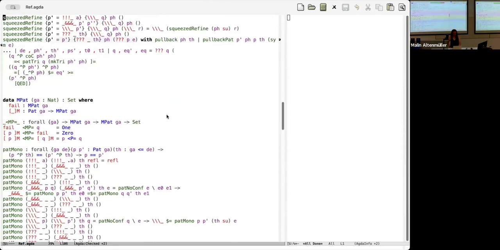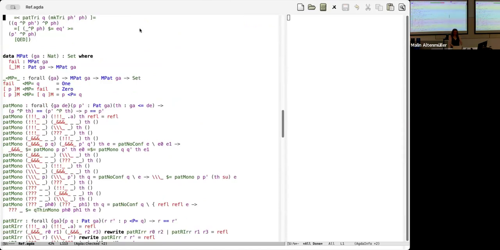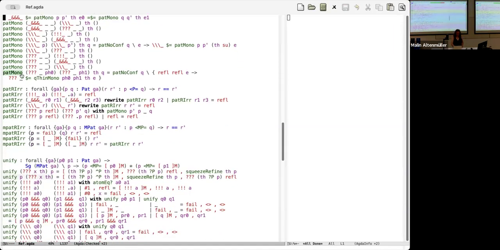pullbacks exist. So what I do here is I add a pattern called fail. I say a maybe pattern is either a thing called fail, which doesn't match anything, or it's an actual pattern. And then I need to show that if you give me two patterns, I can compute the best refinement of both.